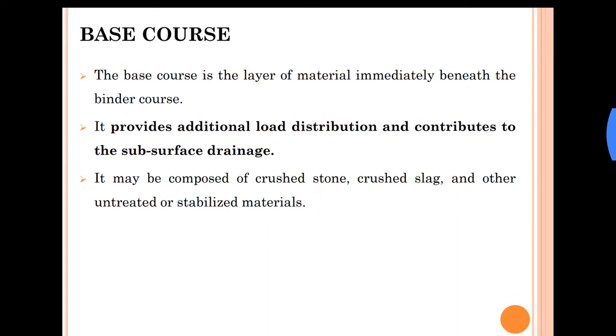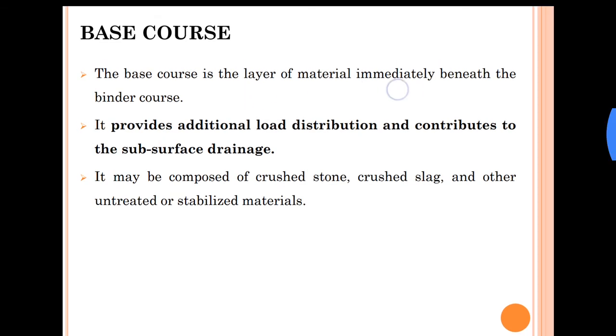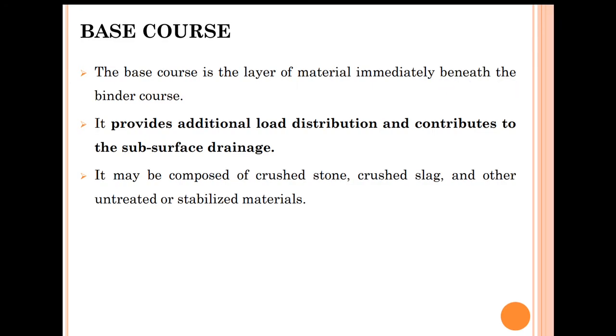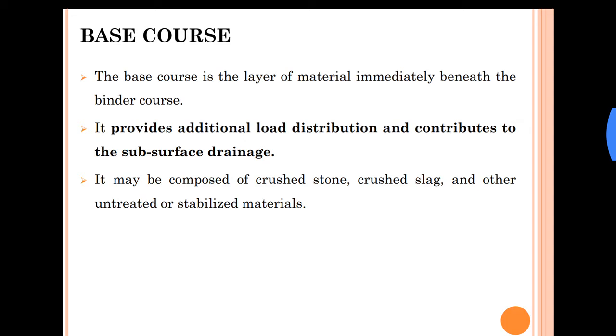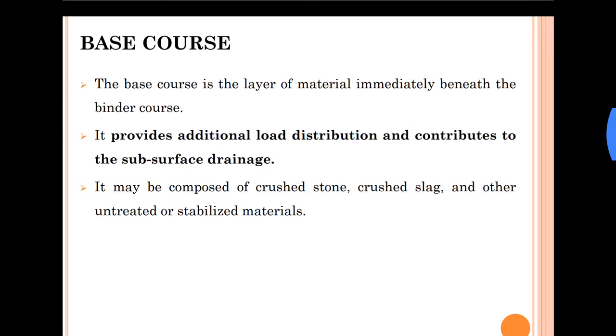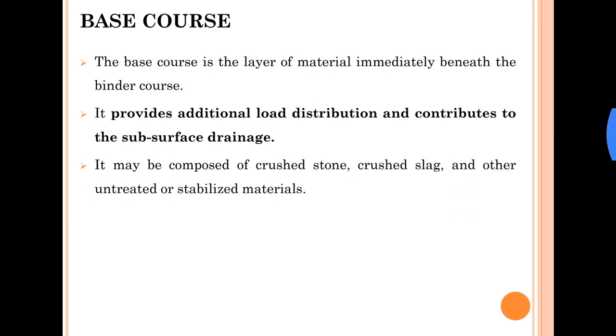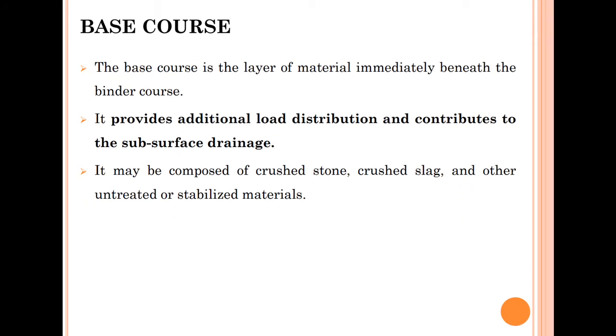Then we have the base course. The base course is the layer of material immediately beneath the binder course. It provides additional load distribution and contributes to the subsurface drainage. It may be composed of crushed stone, crushed slag and other untreated or stabilized materials.